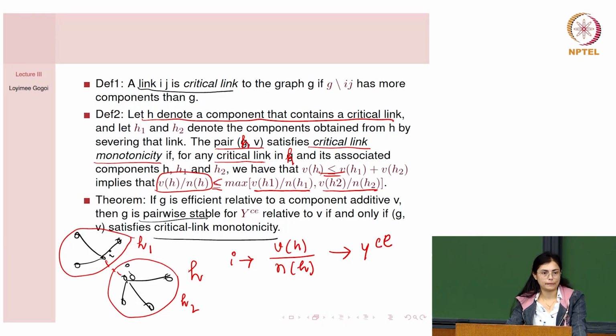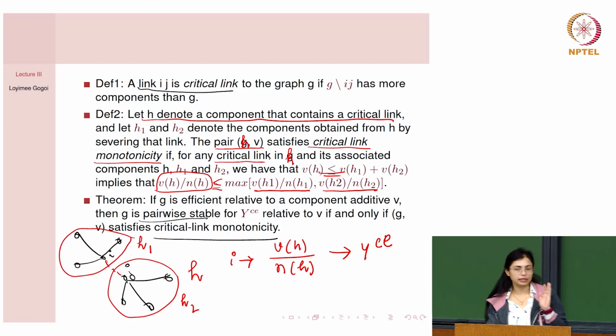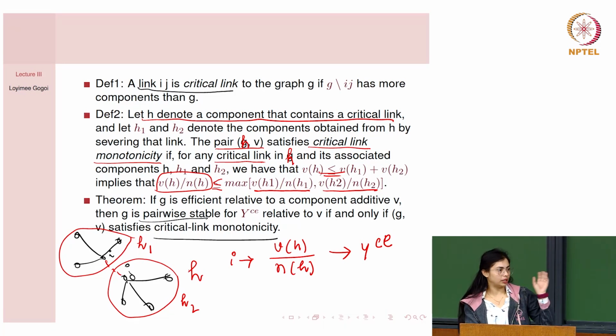So the definition is quite simple. If there is one critical link in a component H, after deleting that link we have two different components H1 and H2.